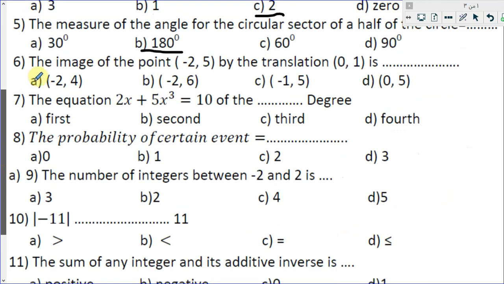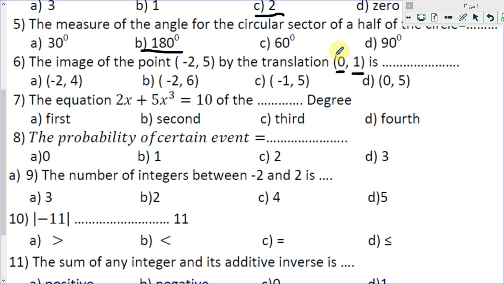The next one, the image of the point (-2, 5) by the translation (0, 1). Okay, translation means we translate any point to another point with a magnitude. What is our magnitude? Our magnitude is 0 in the x-axis and 1 in the y-axis.